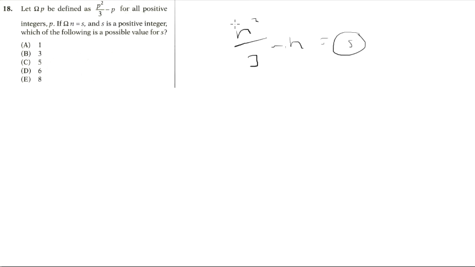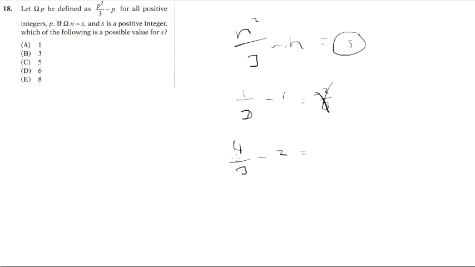So if we were to say n is equal to 1, we have 1/3 minus 1, which is going to be a negative number, minus 2/3, so that's wrong. If n is 2, we have 4/3 minus 2, which is not an integer, right?